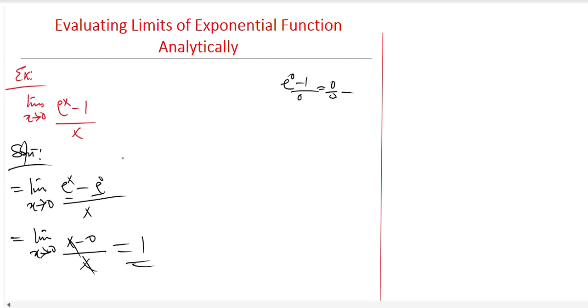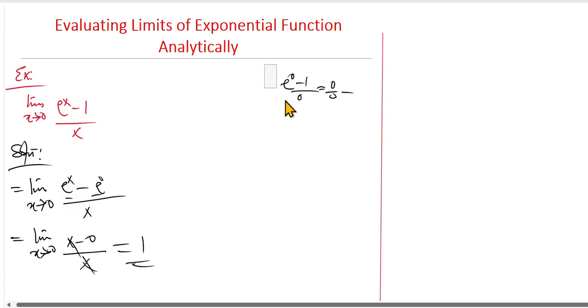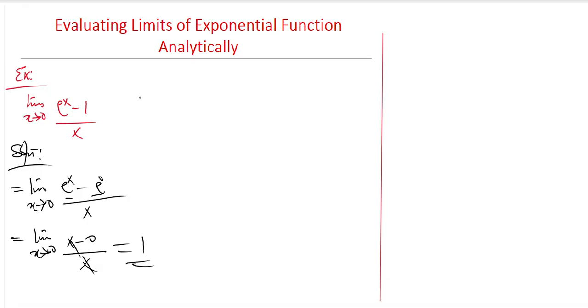Now let's take a second example where we are given to evaluate the limit as x approaches 0 of e to the power of 3x minus 1 all over 2x.